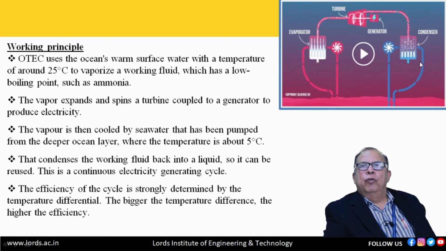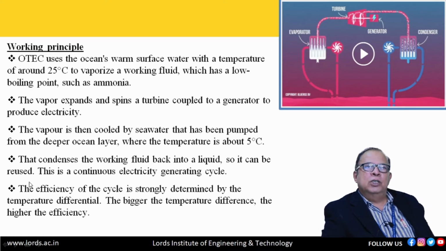That cool water is used in the condenser to condense our working fluid, that is ammonia. So it becomes liquid ammonia, and then again goes to the evaporator and is evaporated. So this cycle is repeated continuously. This condenses the working fluid back into liquid so it can be reused.